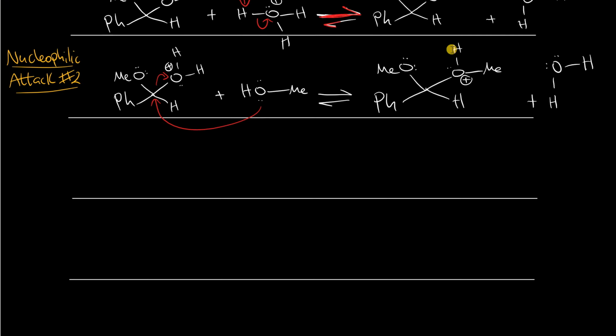Finally, all we do is remove this proton, send the electrons back to this oxygen, and what is going to carry out that work? Well, we have water, we can use that as the base. Theoretically, we could use methanol as the base here, a mild enough base to remove this proton. But for simplicity, I'll use water.